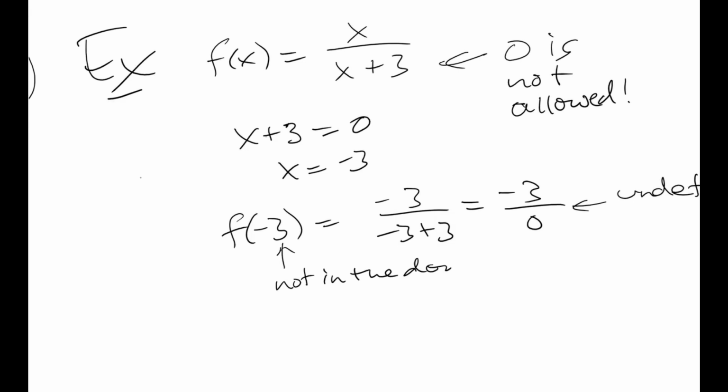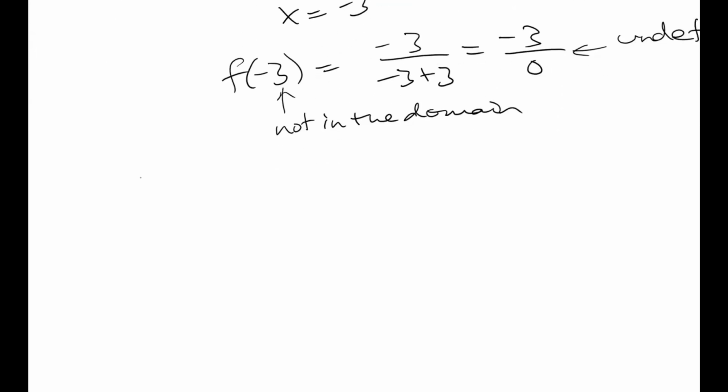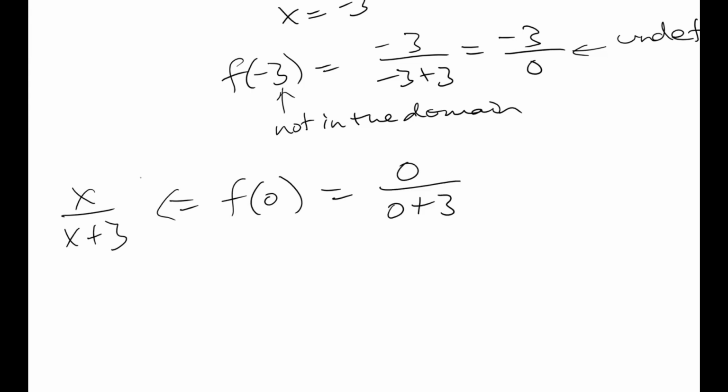Now it turns out that that's the only number on the x-axis that wouldn't work, because you plug anything else in for x and you'll be okay. You may get a fraction out of it, but you'll be all right. Even plugging in 0: f of 0, remember the function was x over x plus 3, gives you 0 over 0 plus 3, which is 0 over 3, which is 0.